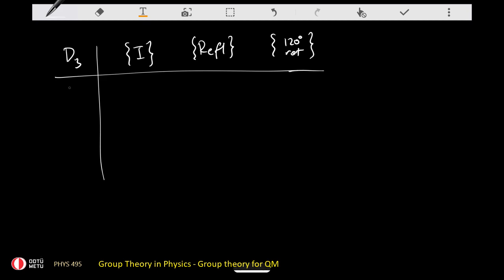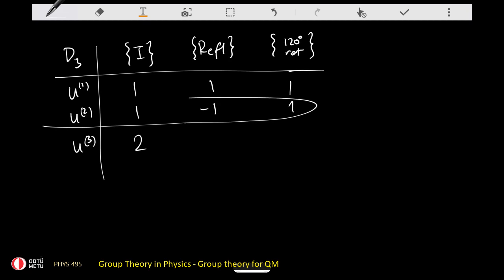So let's remember these. So U1, U2, U3. These are 1, 1, and 2 dimensional. U1 is the trivial representation. U2 is the representation which has signs 1, minus 1, and 1. Just remember that this corresponded to the signature representation of the permutation group S3.